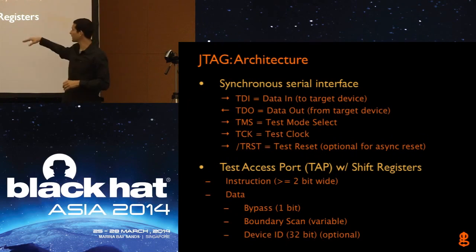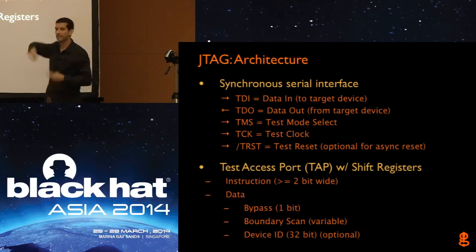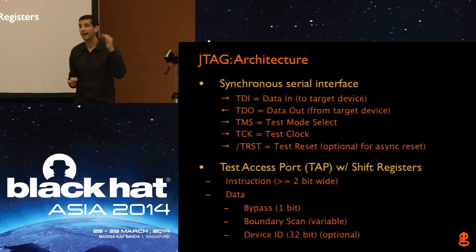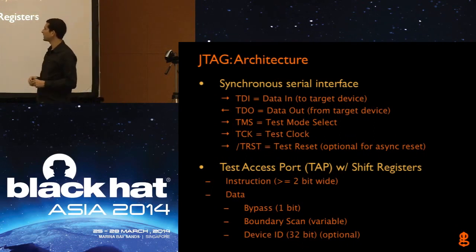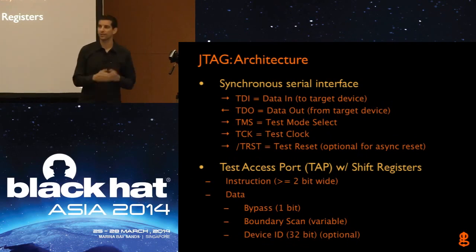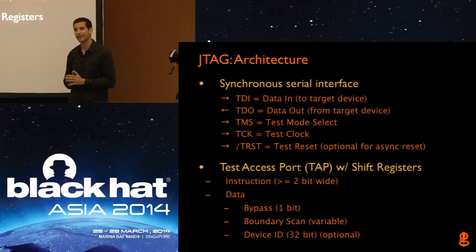So the version I have released right now looks for just TDI, TDO, TMS, and TCK, assuming that test reset isn't used or that it's being held high, which is also the case on some boards. But the next version I'm working on will detect reset as well. So if it is being used, we won't miss the interface. Because right now, if test reset is held low and we don't hook up to it, if we happen to miss that pin, then we're not going to detect it.